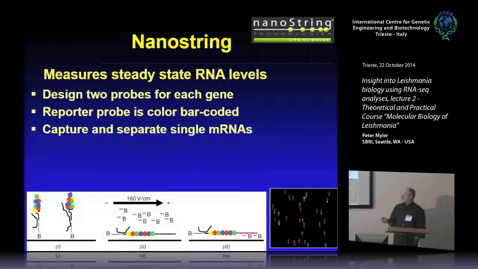You then put this slide under a slight electric current, and you wash it to get rid of all of the unbound probe. And you then hybridize with this binding probe that's complementary to this region here, and then that will bind both ends down on the slide.